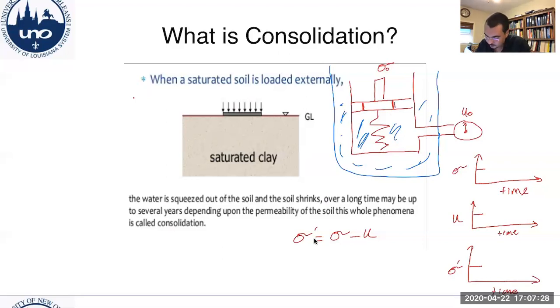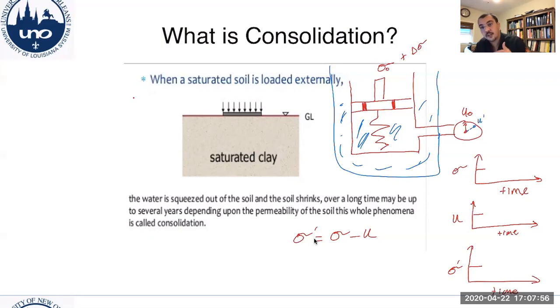So here we have two valves, and these valves are closed. Then what we do is we'll add an additional stress to the sample, and these two valves on the right and on the left are closed. Now, once we do that, you're going to have additional pore water pressures generating.